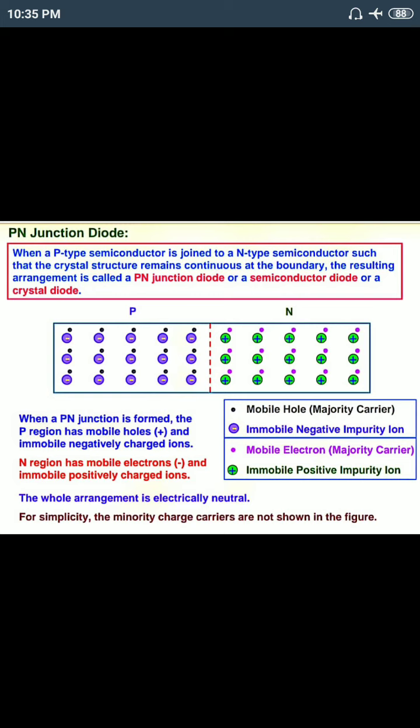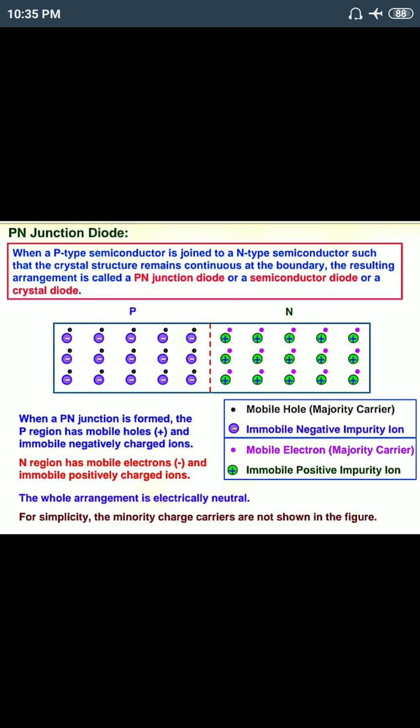So the negative minority carriers from the p side drift from p to n side, and the n side minority carriers, holes, drift from n to p side. That is the drift process. We get the drift process only for the minority carriers, and the diffusion process due to the majority carriers. Majority holes from p to n side they will diffuse, and the majority electrons they will diffuse into the p side.